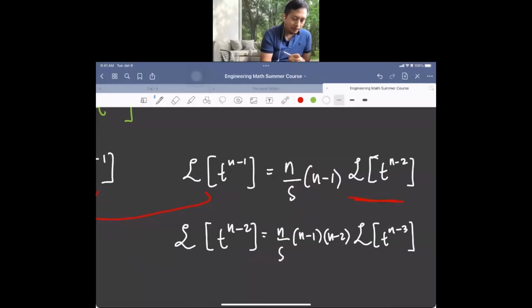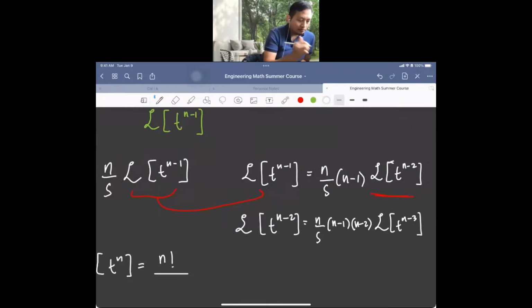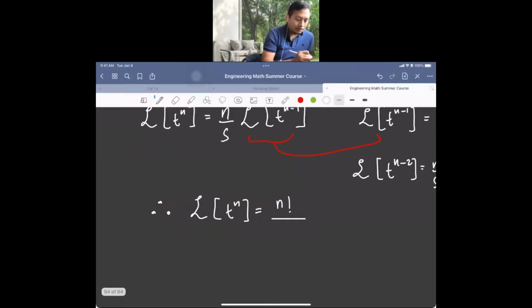So if you do all of those things, we can simply conclude that when you have Laplace of t with power of n, this will give you an n factorial. Oh, sorry. s is multiplied with another s from this s minus 1. So s squared and s cubed. Sorry, I didn't mention before. So here the conclusion will have s with power of n, and then Laplace of 1.